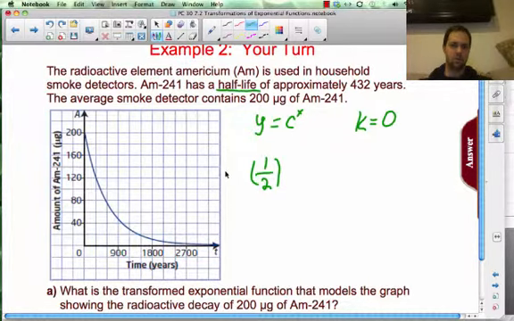So instead of y, let's just say m for the mass remaining of americium. Now we also know that at a time of 0, so I guess this is t, at 0 years we are going to have a mass of 200 micrograms.